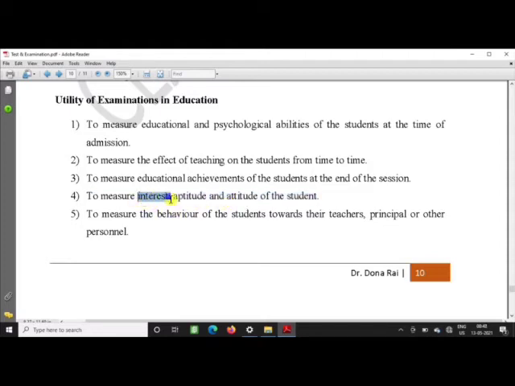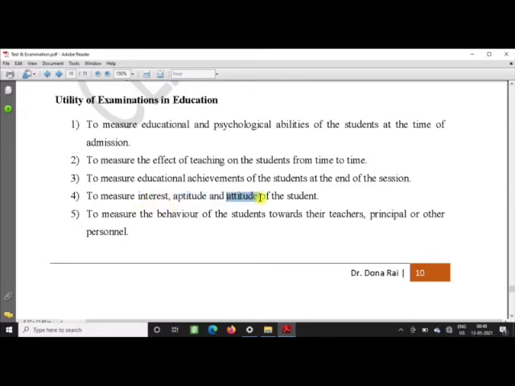If a student wants to take up music lessons, wants to learn music professionally, you have to check whether the individual is interested. Interest is a different thing. They may be interested, but they may not have aptitude towards learning music. Music is a fascinating subject, everybody gets interested in it, but the thing is whether they have aptitude to learn music.